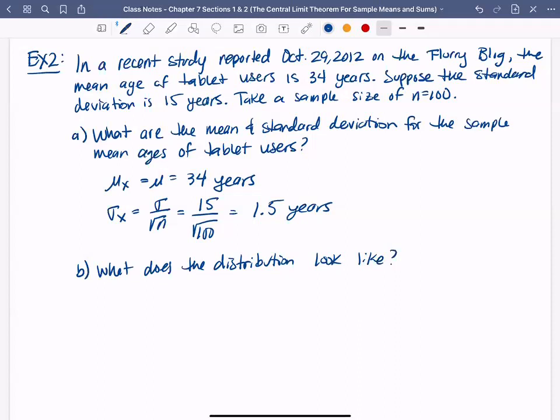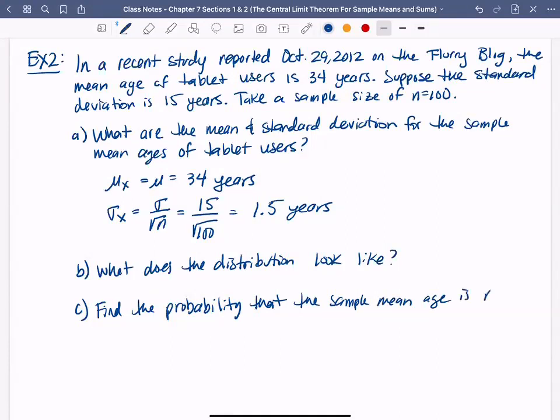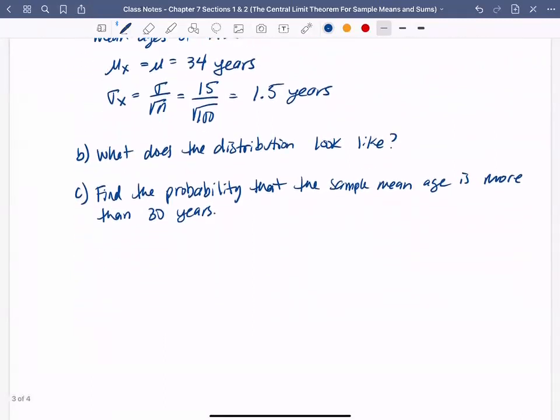Okay, so C, find the probability that the sample mean age is more than 30 years.